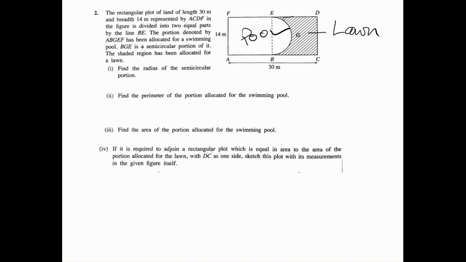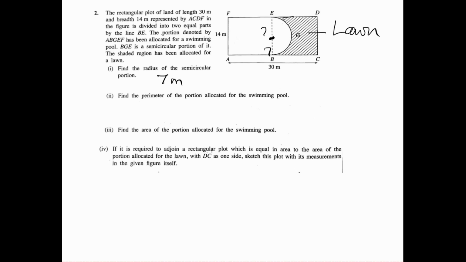So first question, what is the answer for the radius of this semicircle? So I can take this one away, so that is going to be equal to half of this one, so that is going to be 7. So the answer for the first part is 7 meters. That's the first part of the question.